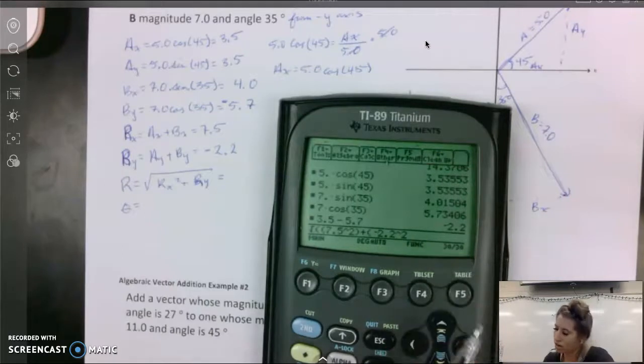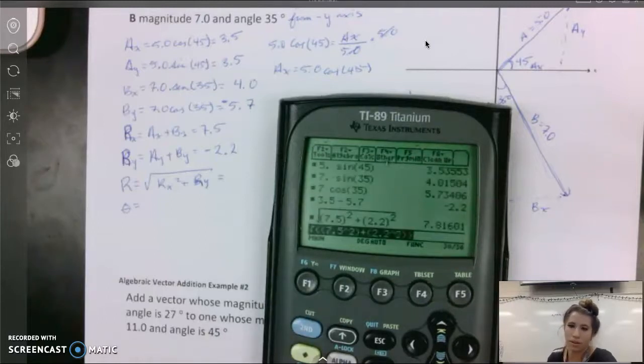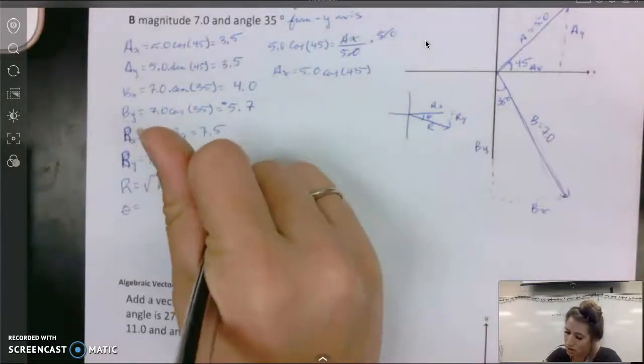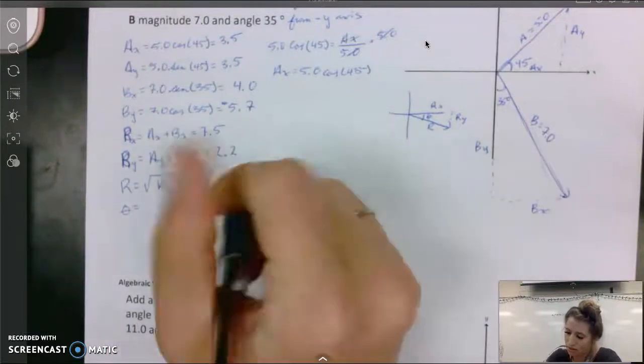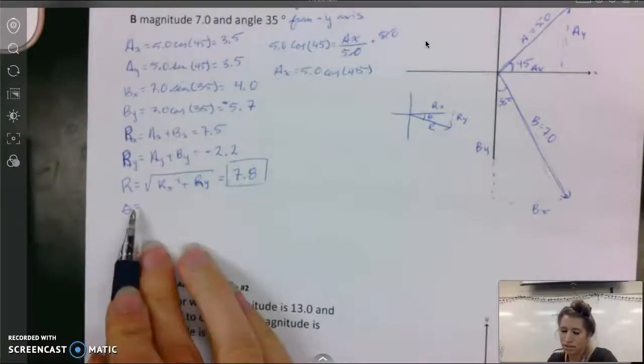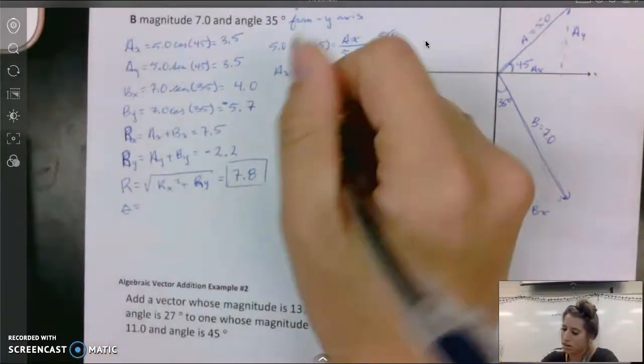You can decide how to look at that, but it doesn't work well without the parentheses. So we have 7.8. There's the magnitude of our resultant, and then the last thing we need is theta.